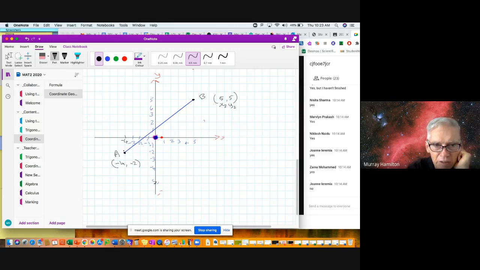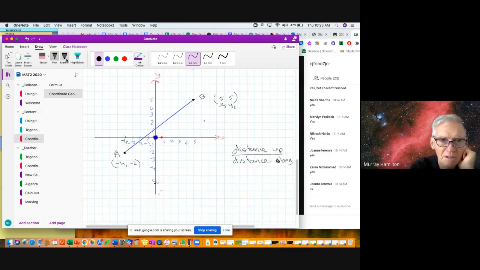Now, gradient is normally just the distance up over the distance along. So before I use the formula, I just want to make sure you know what the gradient is, because it's the slope of the line: distance up over distance along. So let's count.